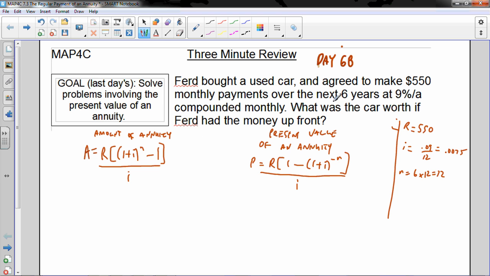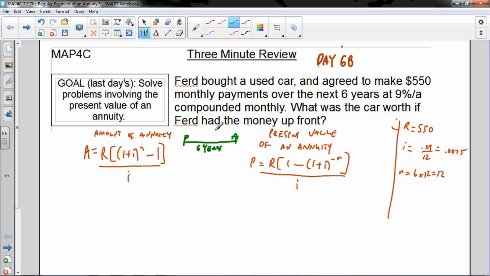Well, what do we want to find? Do we want to find the amount of the annuity at the end of the 6 years? Or do we want to find the amount of the annuity up front, the present value? So this idea is, if this is the 6 years of payments here, this is now, or present value, call it P, and this is the amount at the end, A. Ferd's making 6 years worth of payments in here, $550 a month.